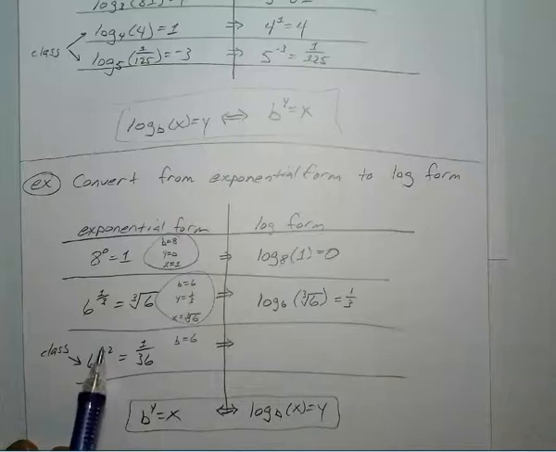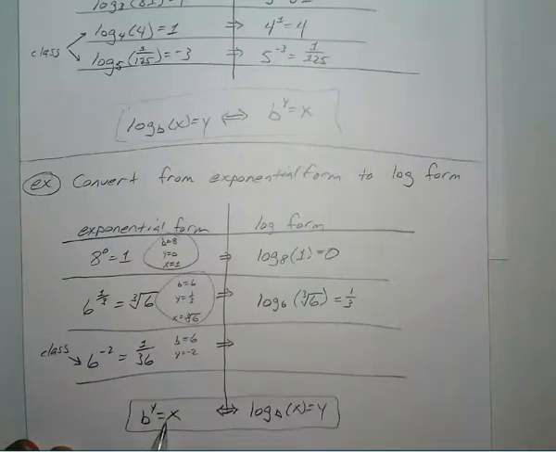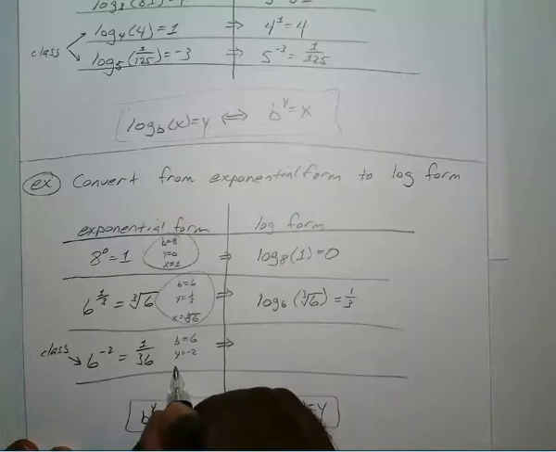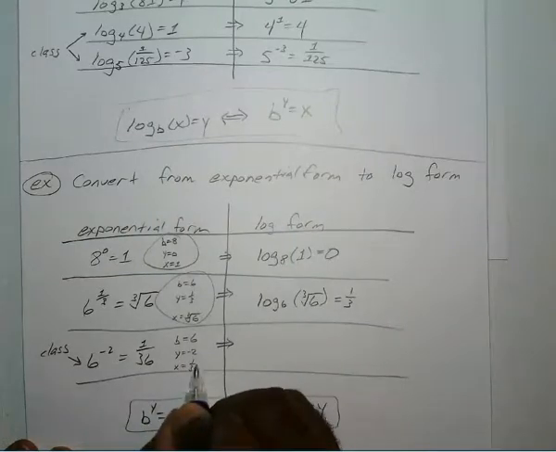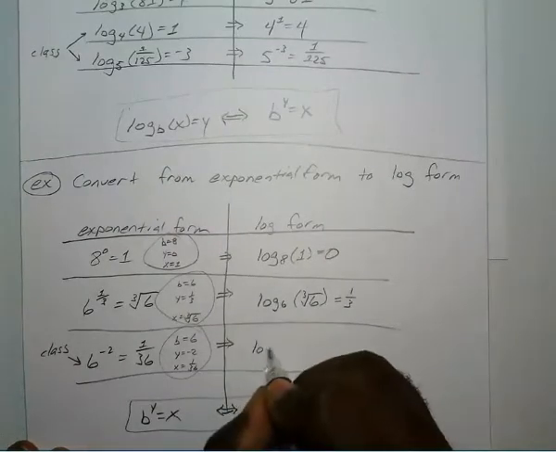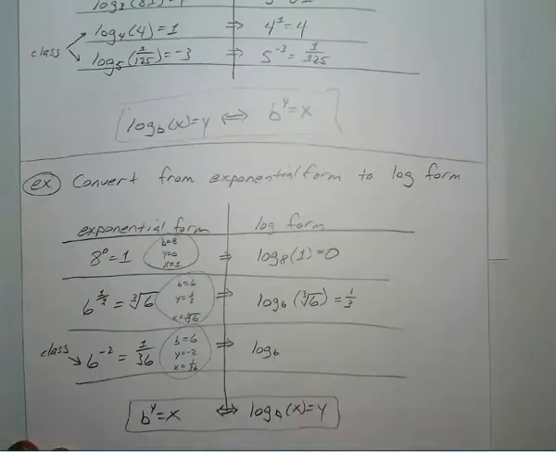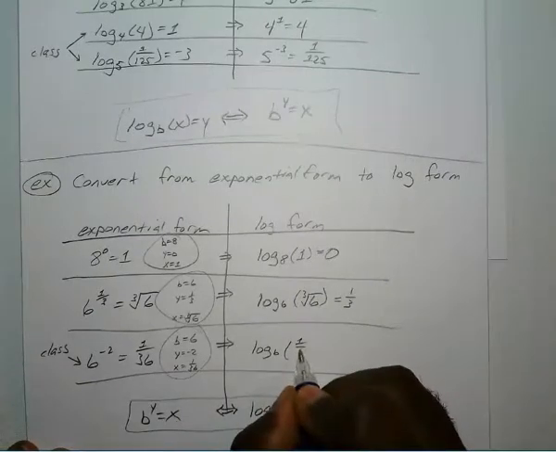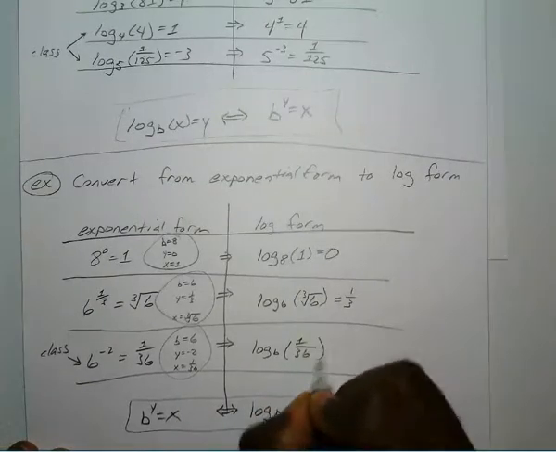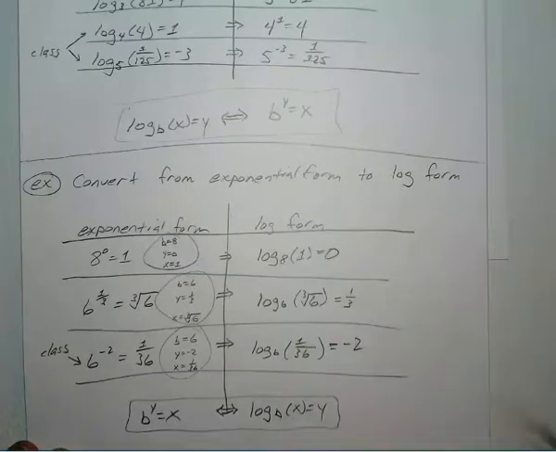B to the power of y, so our y is equal to -2, equals x, so that means x would equal 1/36. Okay, so log base b, so that's log base 6 of x, so x is equal to 1/36. Equals y, so y is equal to -2.